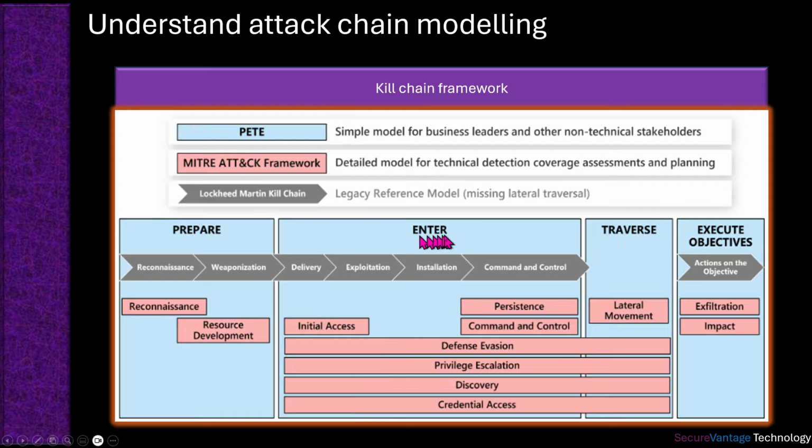Likewise, you can see delivery, exploitation, installation, and command and control mapped to the enter phase under the PETA framework, and the initial access and rest of the other phases that you see here is again mapped accordingly. So you can understand how these phases are related to their respective techniques. These are basically the different types of techniques used by the attackers.